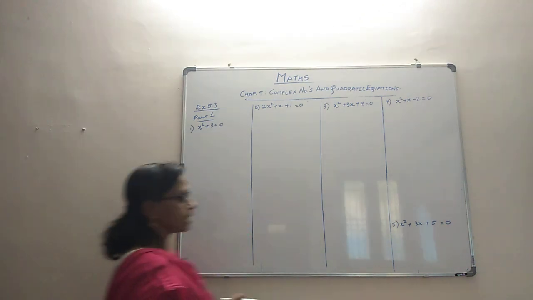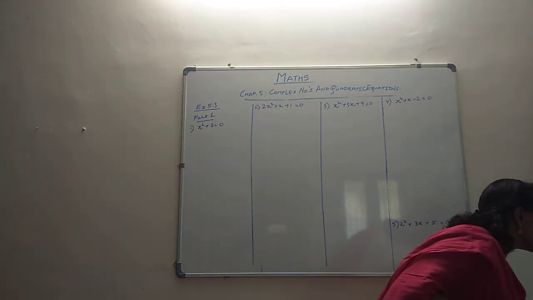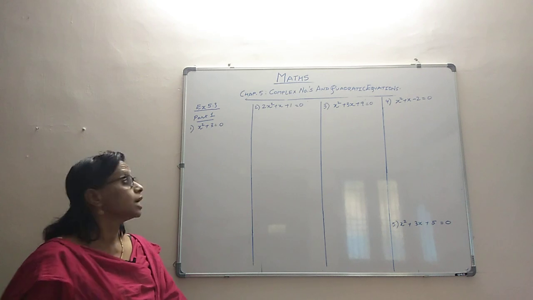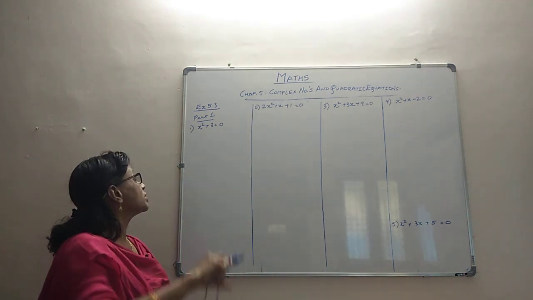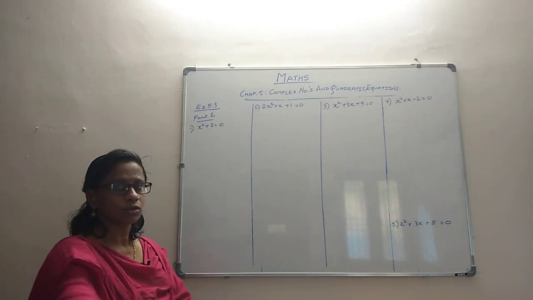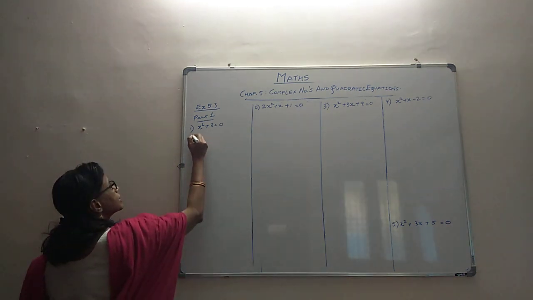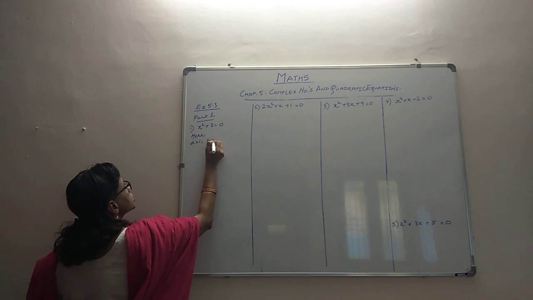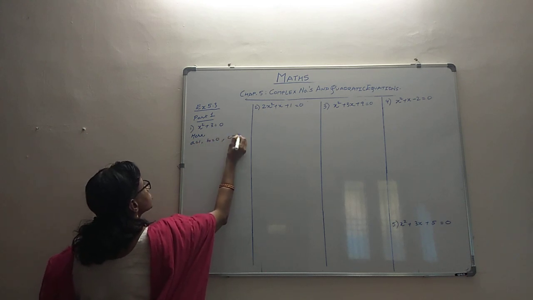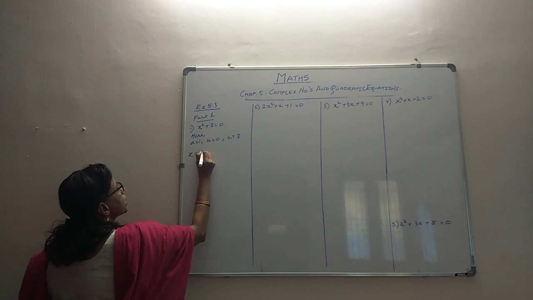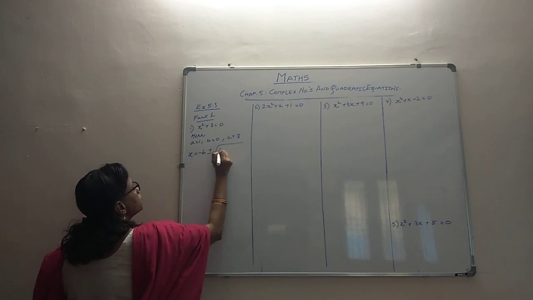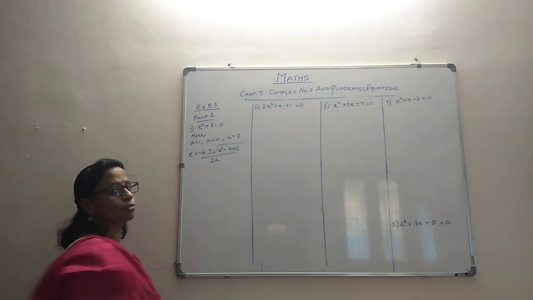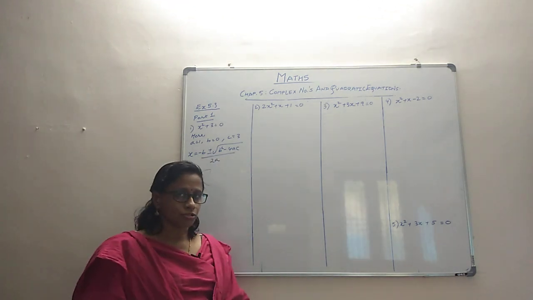Let's take our question number 1. It reads: solve each of the following. Here we are taking equation 1, which is x² + 3 = 0. Here a is 1, b is 0 and c is 3. Since we know the formula, x is (-b ± √(b² - 4ac)) / 2a. For the initial 1 or 2 problems I'll write the formula, then maybe we will directly substitute and get the answer.